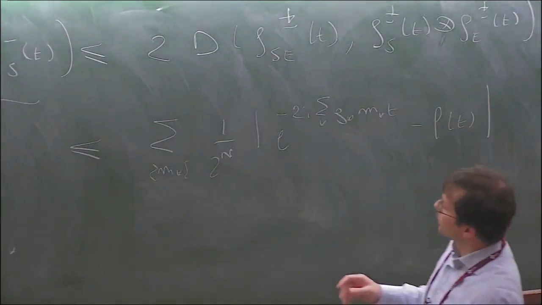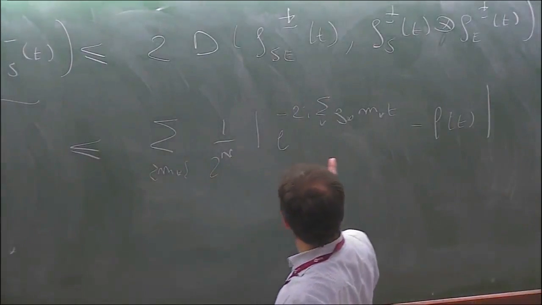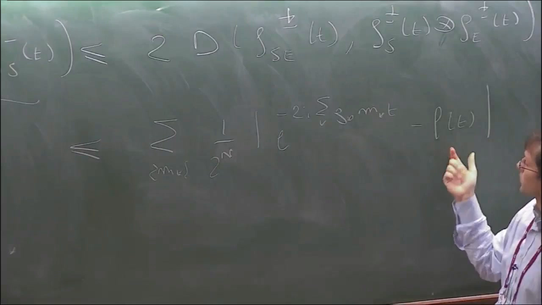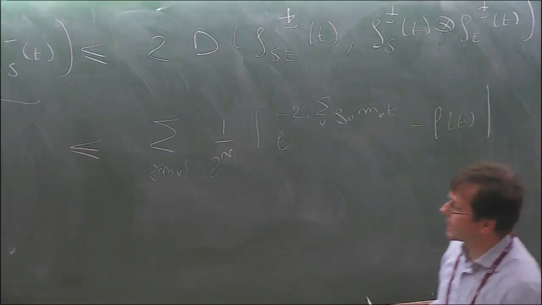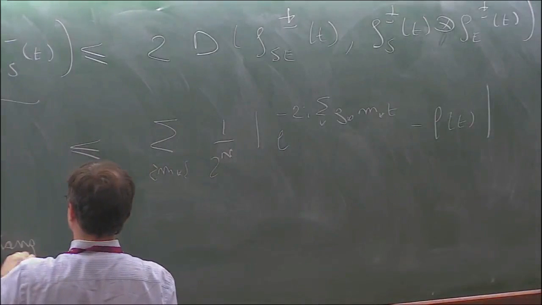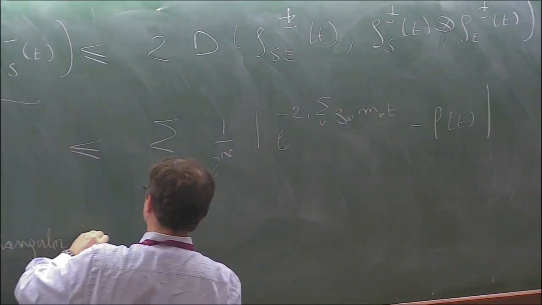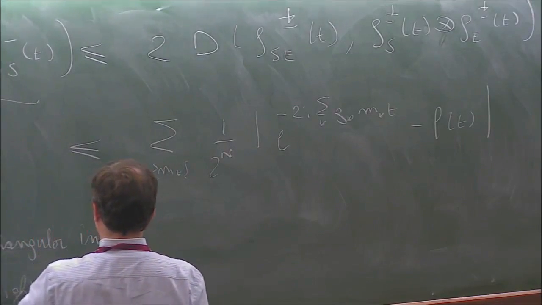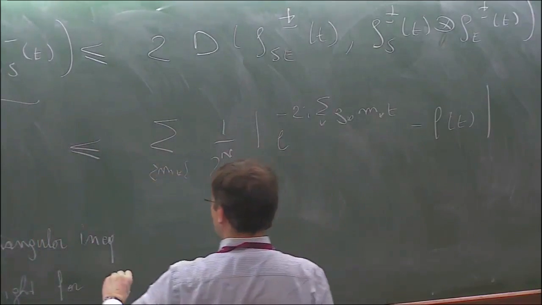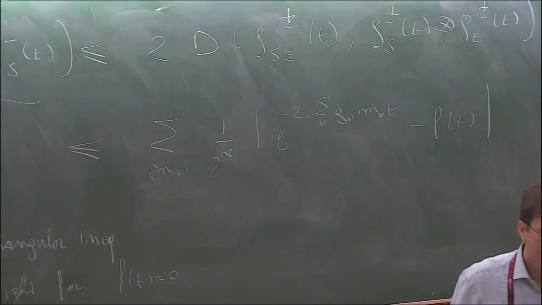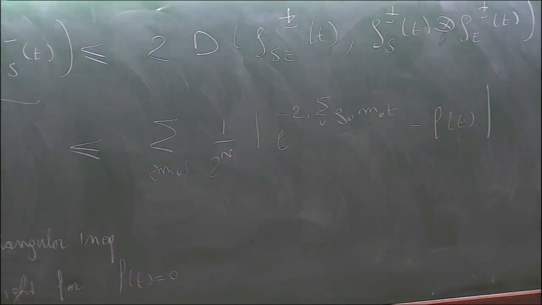So the inequality holds, and essentially it boils down to the triangular inequality, because this quantity has modulo 1, and in particular it is tight when this quantity f of t is equal to 0, which happens, of course, at the initial time, but then in general also at later times, depending.